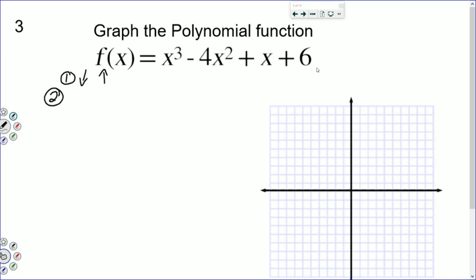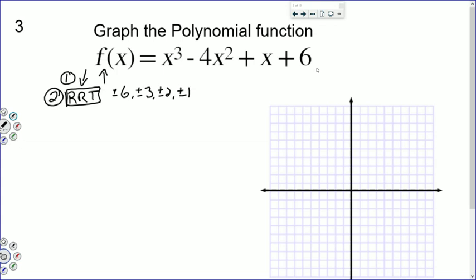So what we need to do is use the rational roots theorem, or rational zeros theorem, however you want to describe it. To do that, we take all the factors of the constant term, so plus or minus 6, plus or minus 3, plus or minus 2, plus or minus 1.